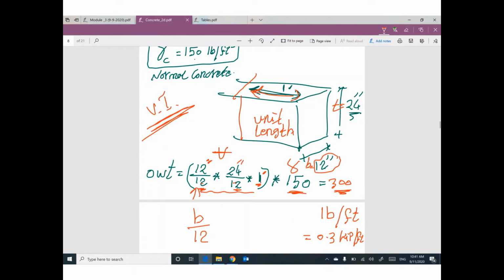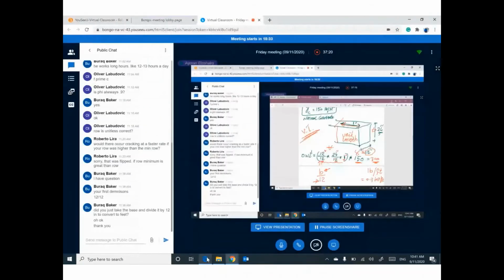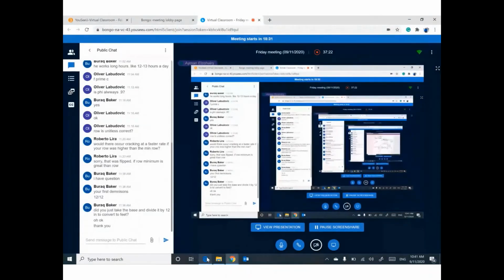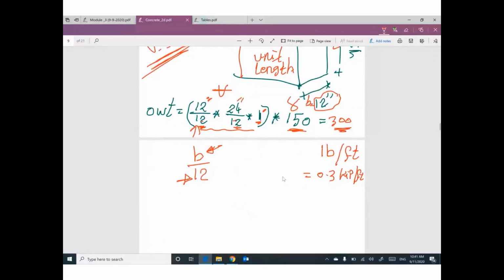So 12 is constant. The denominator is constant to convert from inch to feet. The numerator is B, whatever the value of B. So guys, this term can be done like this: B divided by 12, T divided by 12, times 1, times 150.